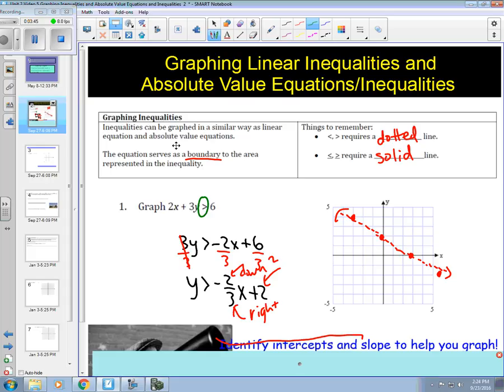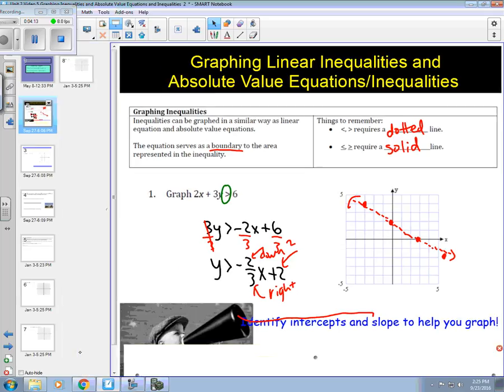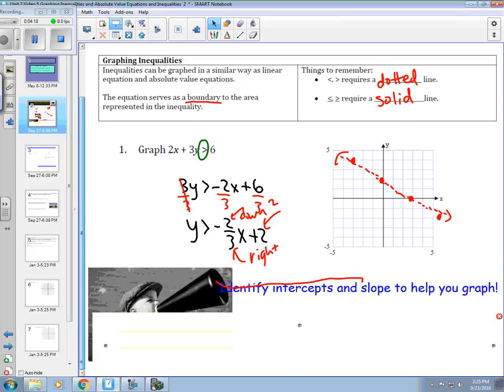Now you have to do some shading. The reason we shade is that so far on this graph, we don't have any answers. Even the line itself is not an answer because that's where it would be equal to that, and we're not equal to it. So to figure out which side to shade, you are going to test a point. You pick a point that we could use here to test to see whether this comes out to be true or not.